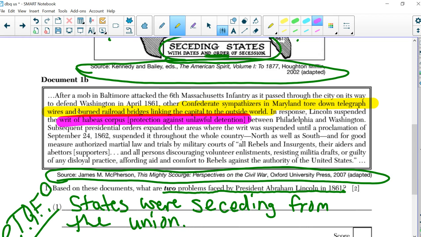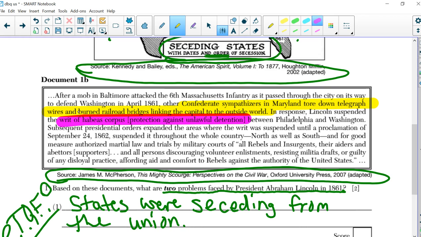You are given the protection that you won't just get picked up and thrown in jail for anything that anyone sees fit. They actually have to have evidence against you. Well, Lincoln suspended that, and basically anyone who was thought to be a sympathizer, thought to be causing problems, could just be thrown in jail.